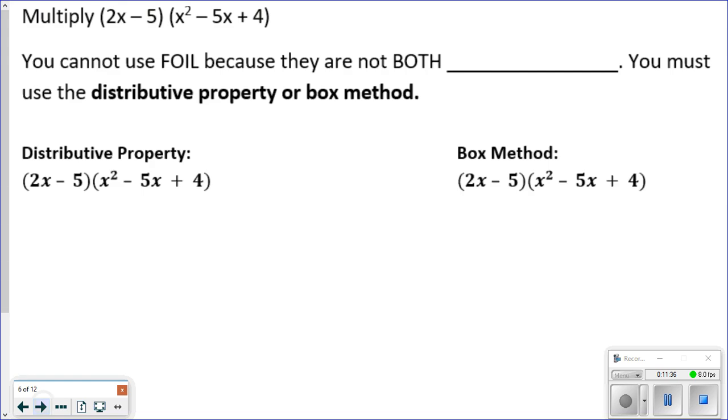We're going to skip these questions, and we're going to go to our note sheet, or our note packet. We cannot think about foiling for these because they're not both binomials. Okay, so you can choose either to use the distributive property or the box method.